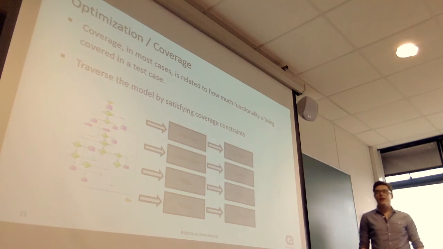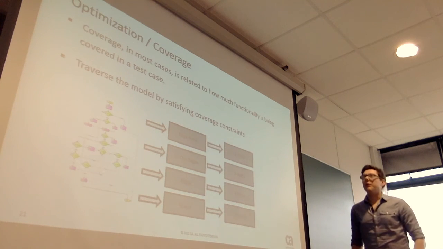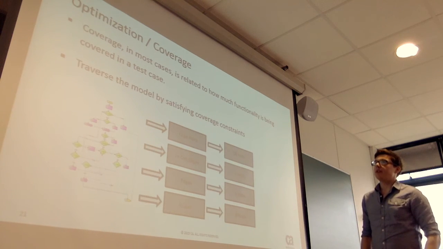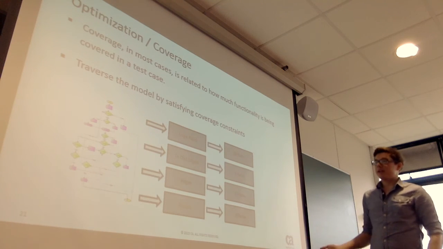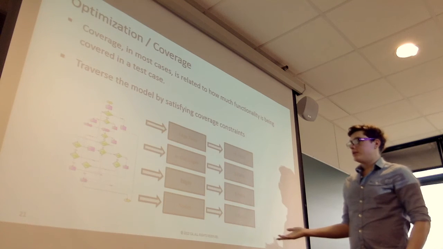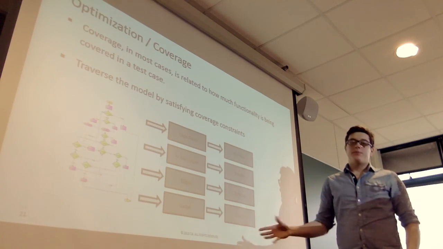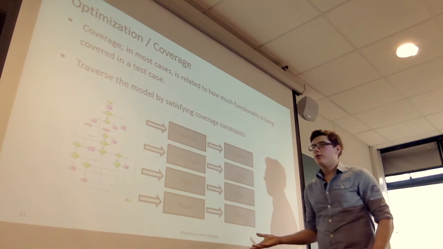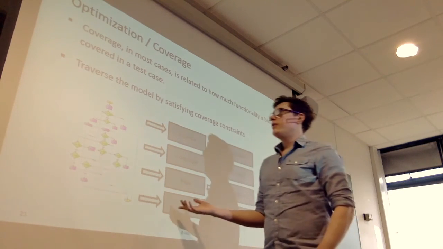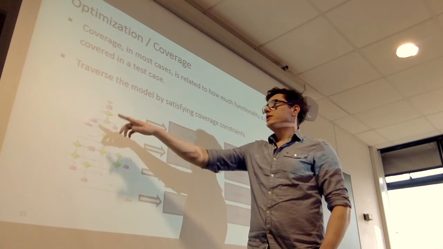So this is where coverage comes in, and we can create test cases based on specific types of coverage. I can say, take my model, I want to cover all the process blocks in the flow. So I'm going to create all the routes which just touch every block.